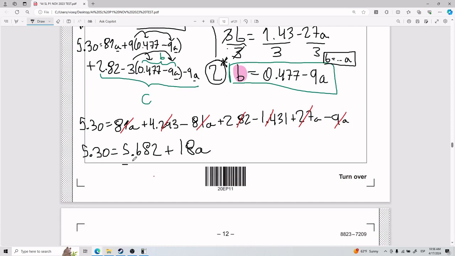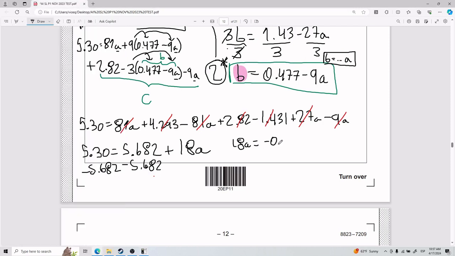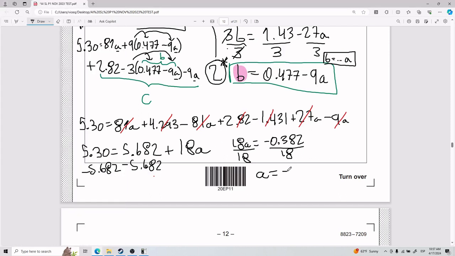And so to get A alone, you do minus 5.682 on both sides. You end up with 18A equals that. So 5.30 minus 5.682, boom. Negative 0.382. If you go ahead and divide by 18 on both sides, you're going to find that A equals, finally, negative 0.021111.